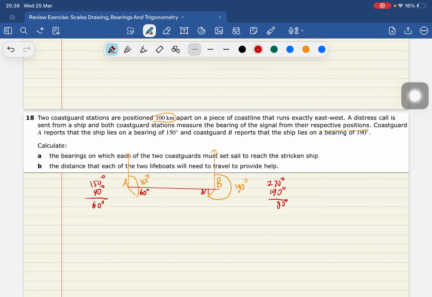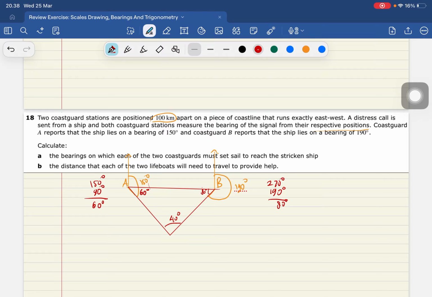Okay, 60 and 80. As this is a triangle, we have 60 and 80, so this angle must be 40 degrees, because the sum of the interior angles of a triangle is 180.